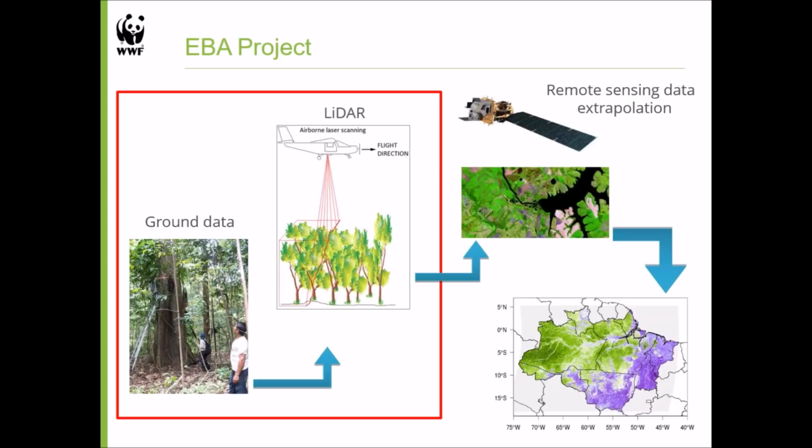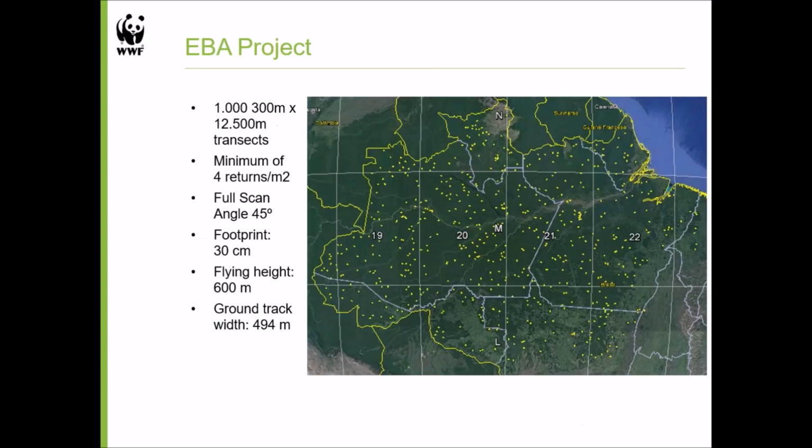That is, the idea is to construct a model that can estimate biomass only based on LiDAR data and validate this with field data. And then using this LiDAR data we collected, we extrapolate it using remote sensing to create a map for the whole Amazon area. Next slide, please.